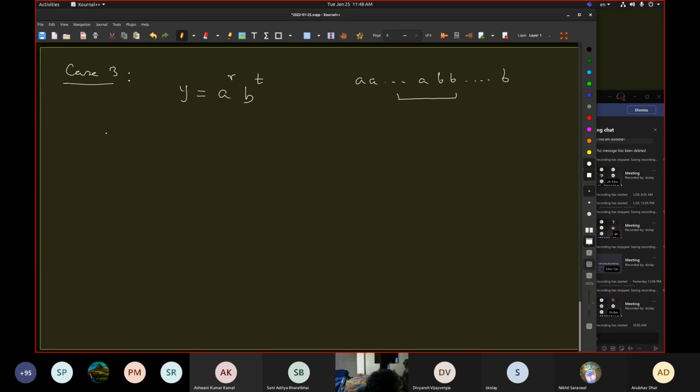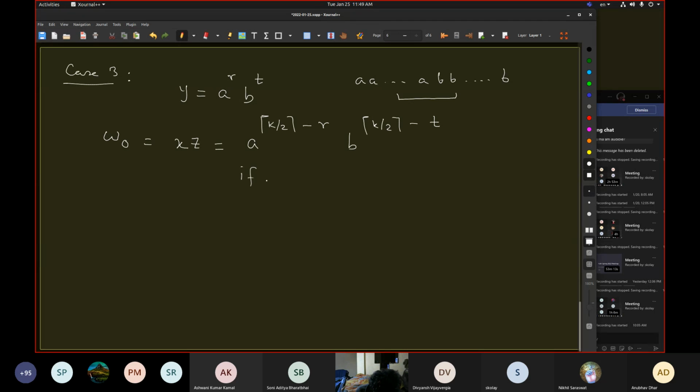So if I now look at W0, XZ, what will it be? Tell me. A power ceiling of k by 2 minus R, B power ceiling of k by 2 minus T. Good. But it is very much possible that R is equal to T. Nothing prevents this from happening, right?